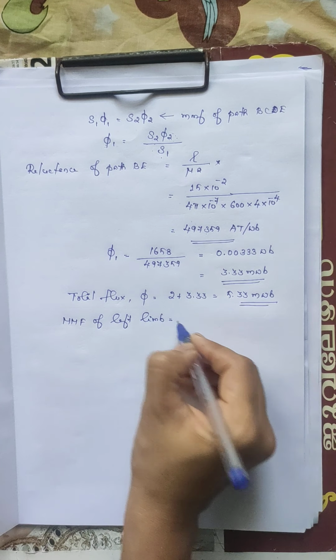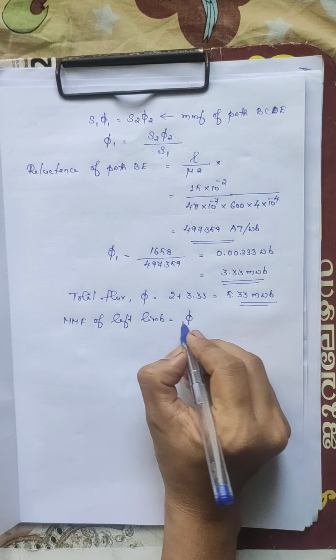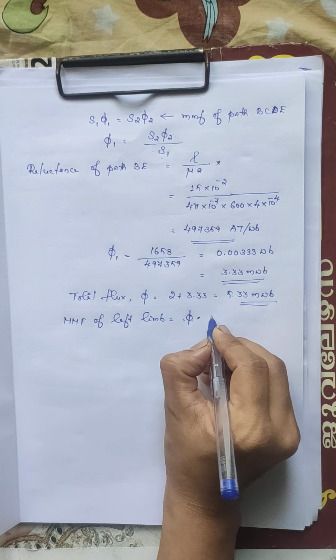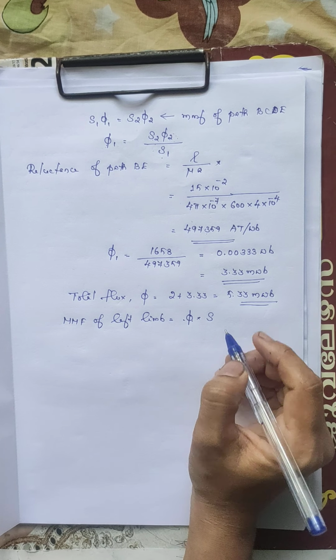Now we can calculate the MMF of the left limb. This will be equal to the flux carried by the left limb, that is the total flux, into the reluctance of the left limb.